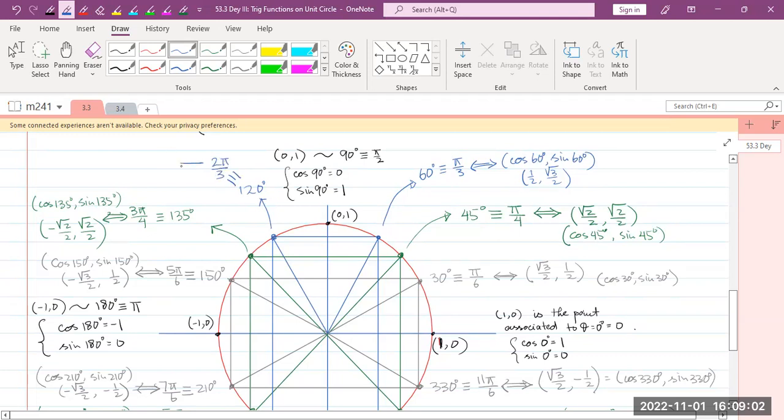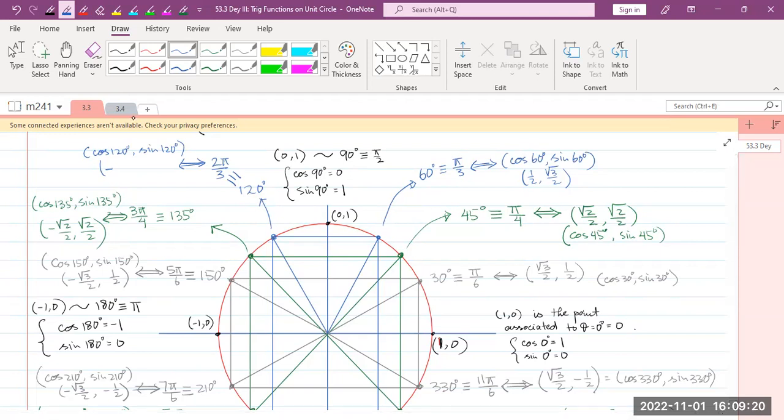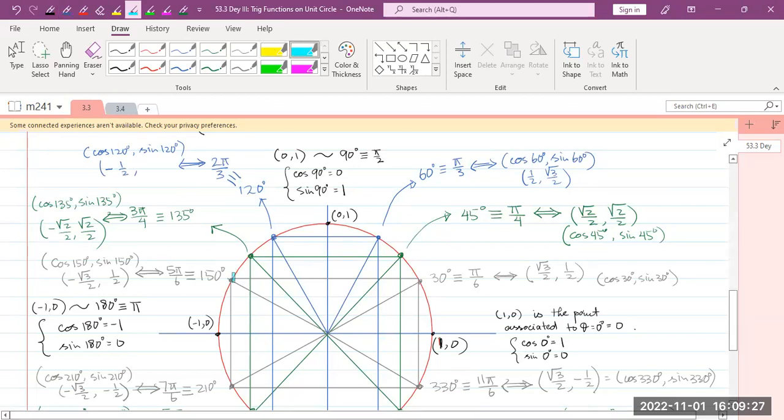What happened to the coordinates? Then cosine 120 degrees, sine 120 degrees is equal to, cosine in quadrant 2 is negative, 120 degrees, reference angle 60 degrees, so cosine 120 is negative 1/2. Okay, now notice that is the opposite x. The x that we have here is the opposite of the x we have here, right?